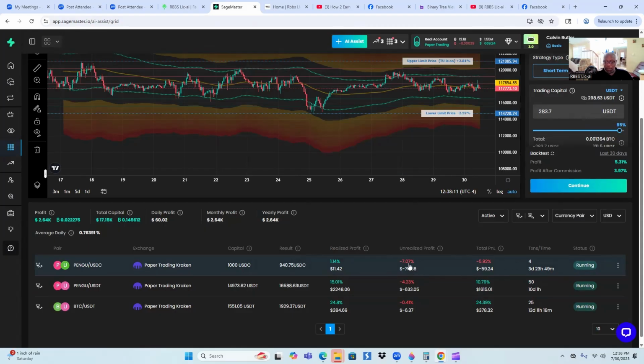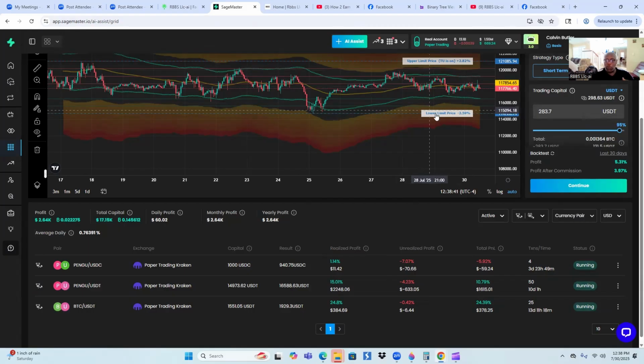You see, the unrealized profit is in the negative right now, but that's not bad, because that means the market is starting to do a downtrend, and then my system, the AI, is going to make small purchases at the lower amounts. But if it drops below my lower limit, it is not going to make any purchases or any trades. It's going to hold.